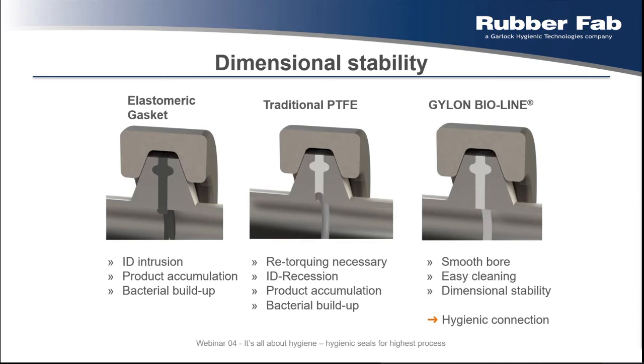And this again might cause us to lose the ideal sealing point, because the compression is lost. You don't have those problems with BioLine. You have a gasket with absolutely reduced cold flow. It stays in place where it's supposed to be, and therefore it's the best material to ensure a smooth bore, easy cleanability, and a hygienic connection.